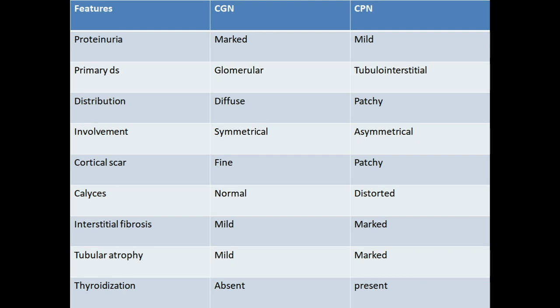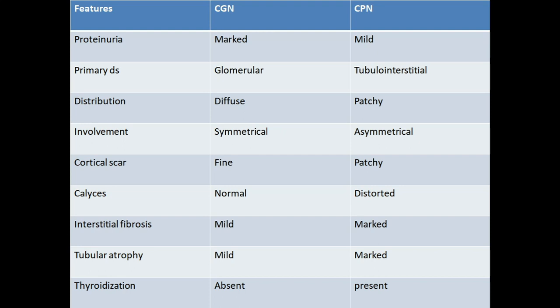Distribution is diffuse in chronic glomerulonephritis, while it is patchy, irregular and unequal in chronic pyelonephritis. Involvement is symmetrical in chronic glomerulonephritis, while it is asymmetrical in chronic pyelonephritis. Cortical scar is fine in glomerular origin, while in CPN, meaning chronic pyelonephritis, it is a patchy, U-shaped scar.